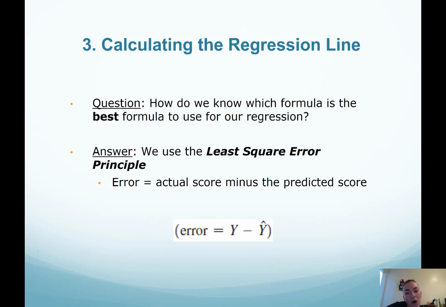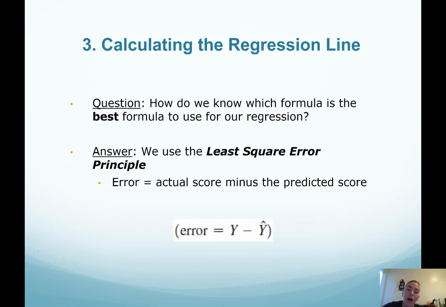So recall that y hat is someone's predicted value on imposter syndrome. But I've also observed actual imposter syndrome scores. So I know what every single person's imposter syndrome score actually is.